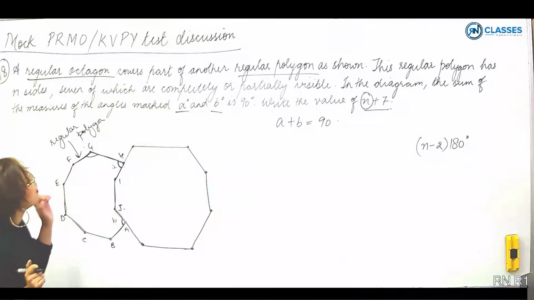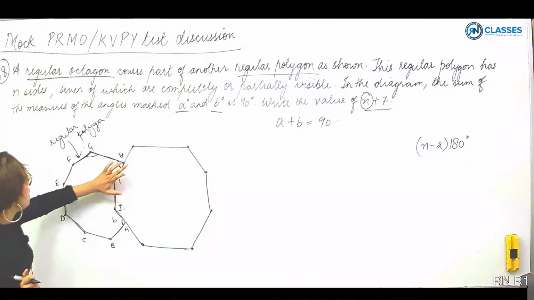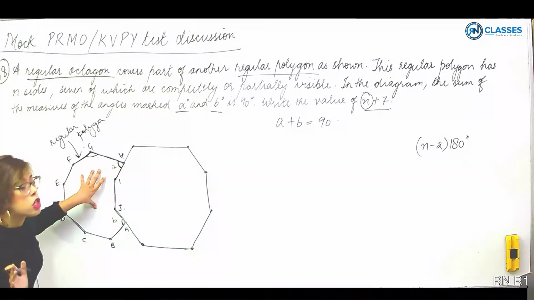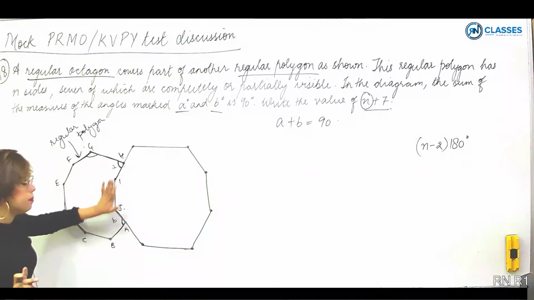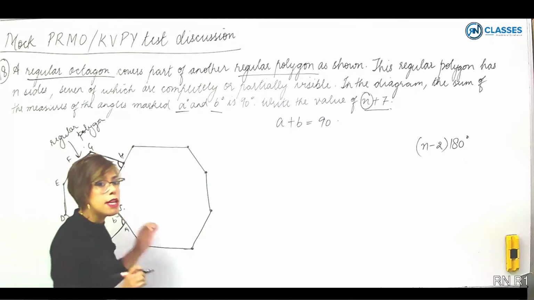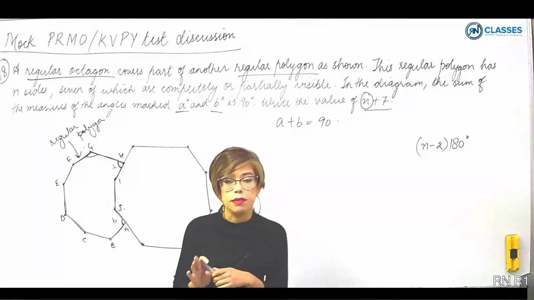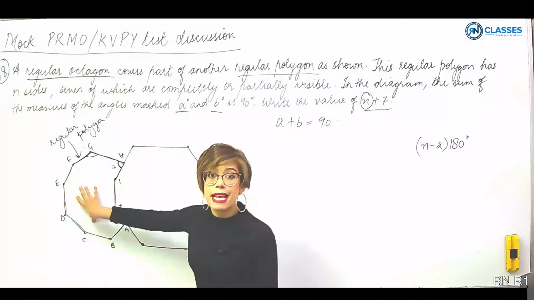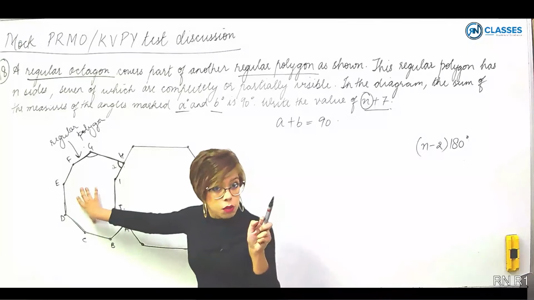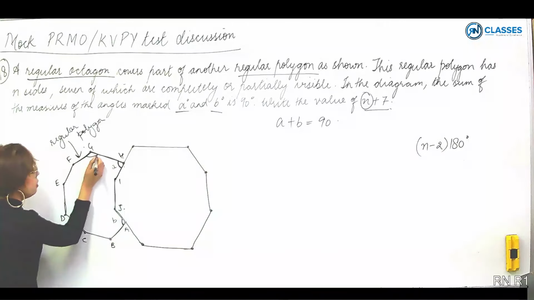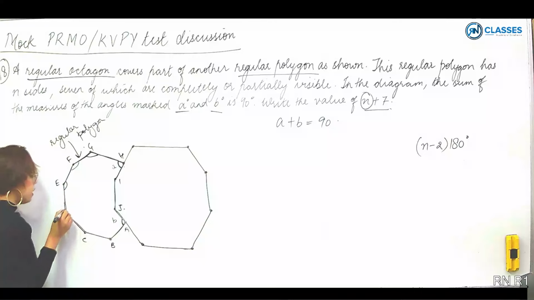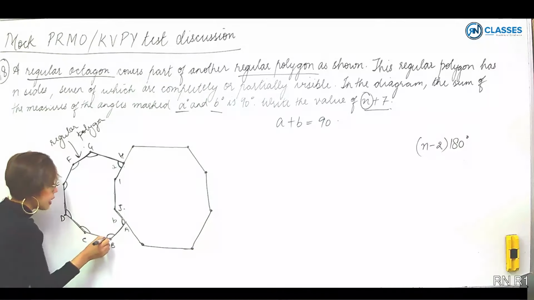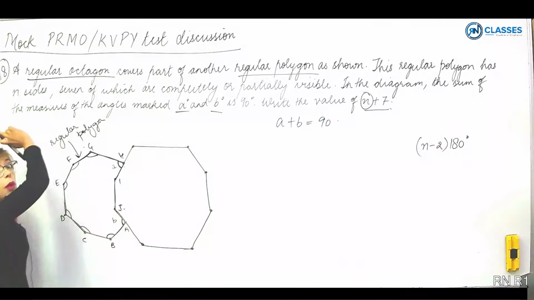Till now what we haven't used is that, because obviously it is partially hidden, this is a regular polygon. How do we write the measure of an angle in a regular polygon? The hidden one, partially visible one basically, this n-sided polygon will have all the angles equal. So that means this angle, this angle, this angle, these are basically angles of the regular polygon.